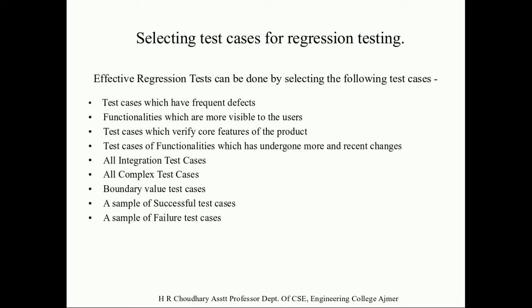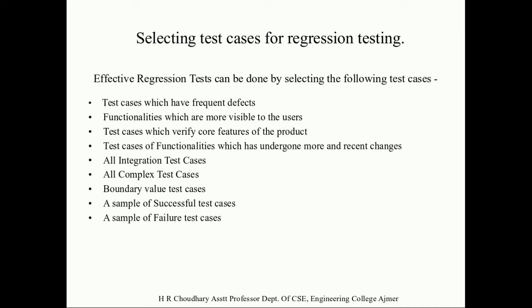It was found from industry data that a good number of defects reported by customers were due to last minute bug fixes creating side effects, and hence selecting the test cases for regression testing is an art and not that easy. So we should consider these criteria when selecting the test cases.